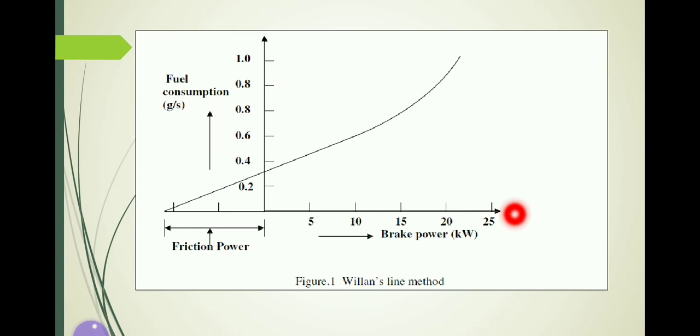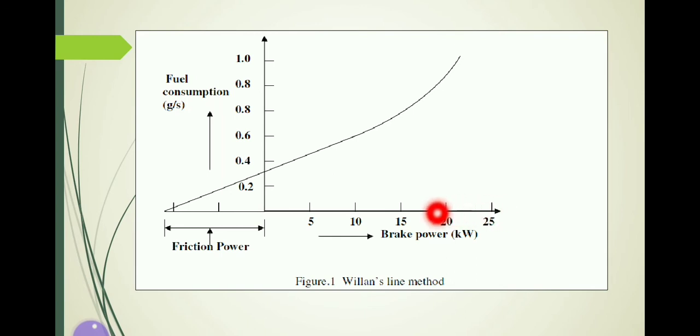That means first we'll just consider this y-axis and x-axis only. The friction power part of the graph we don't see yet. First this graph is going to be plotted by taking the actual readings on the engine. One engine is going to be run, and from the observations we are going to measure the fuel consumption required for producing the amount of brake power.